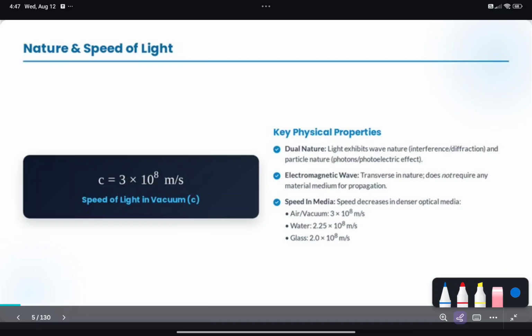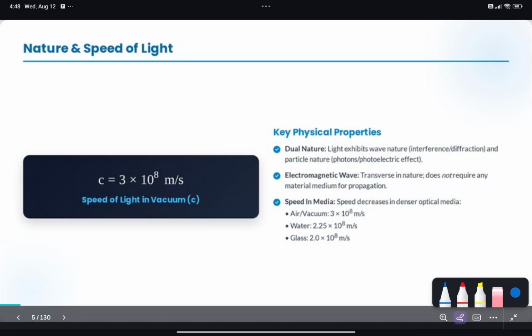See, key physical properties. Dual nature. What is meant by dual nature? The term dual represents two natures. Simply, light exhibits wave nature, interference or diffraction, and particle nature, photons and photoelectric effect. For example, whenever sound travels from one place to another place, it must need a medium.